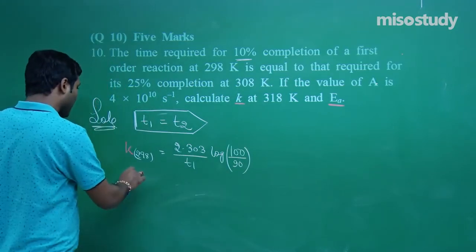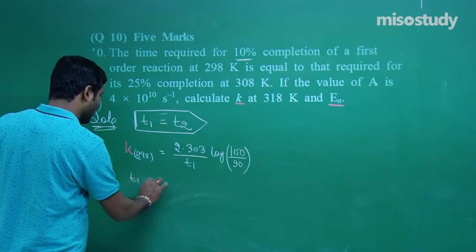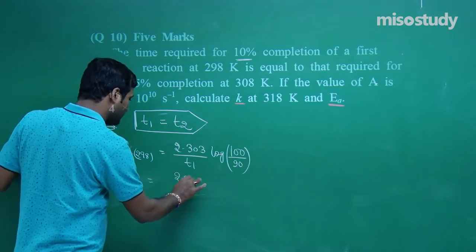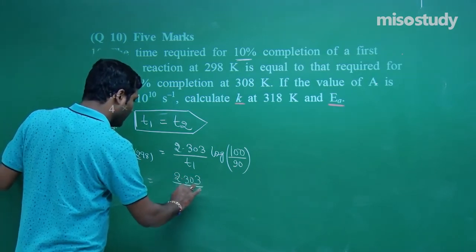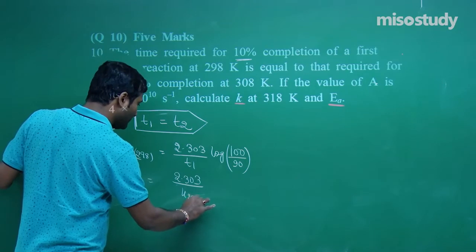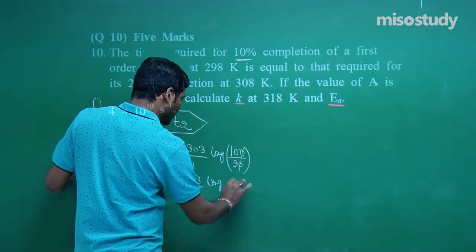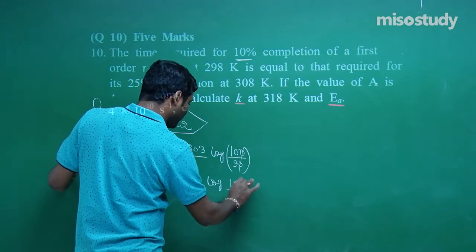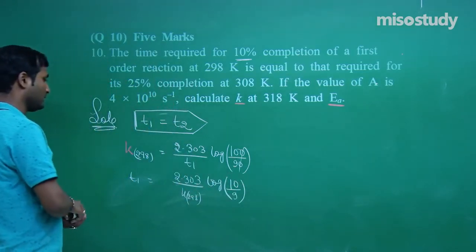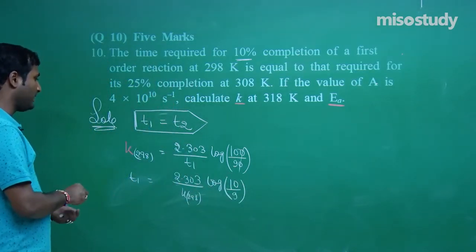Clear? Now T1 is equal to 2.303 upon K298 into log 10 upon 9. This is the first phase of the question. We get the value of T1.